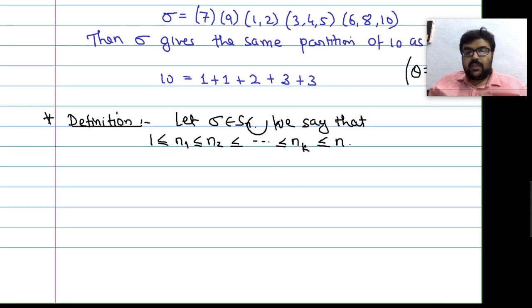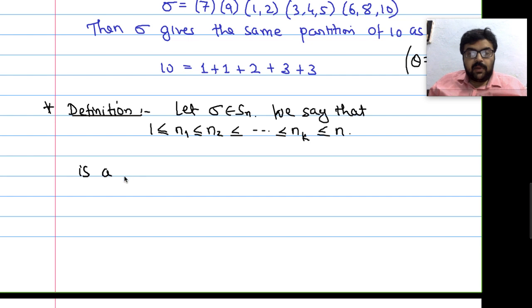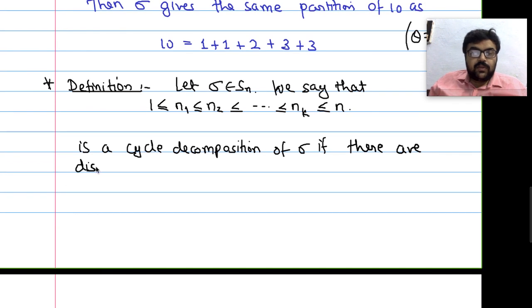Of course it is in Sn, so the largest cycle can be of length n only, not more than that. This is a cycle decomposition of sigma if there are disjoint cycles.